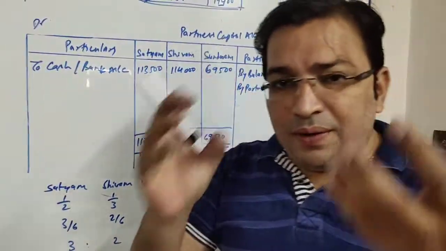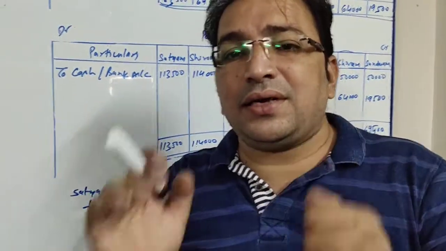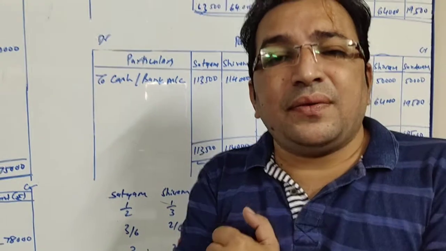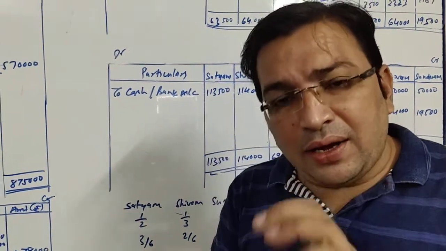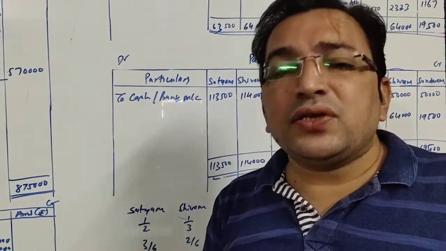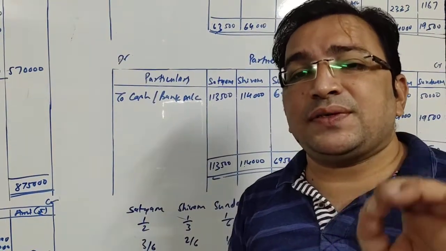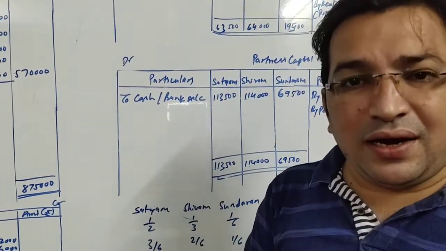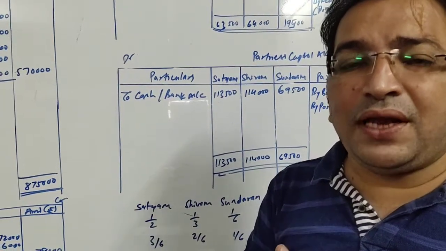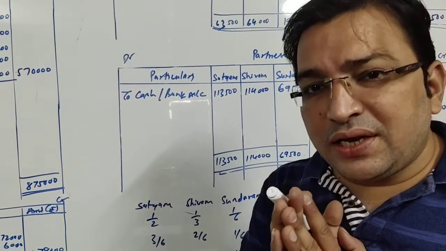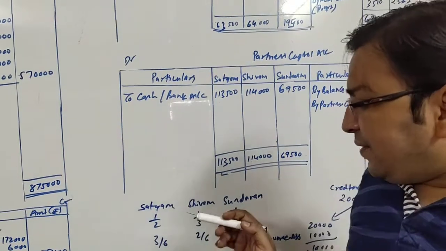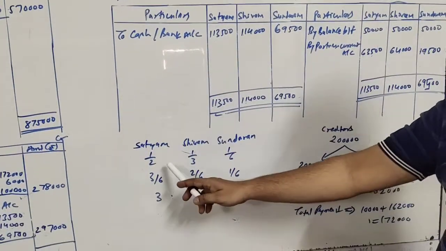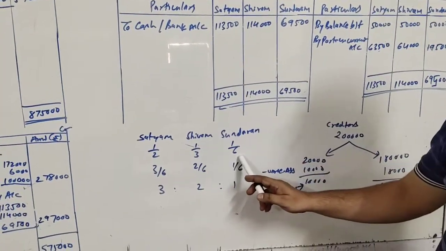General reserve will be distributed among the partners, and as in this sum, current account and capital account both are prepared, we will be distributing general reserve in their current account. Now before that, we need to find the profit and loss sharing ratio. It is given that they distribute profit in the proportion of 1/2, 1/3 and 1/6.